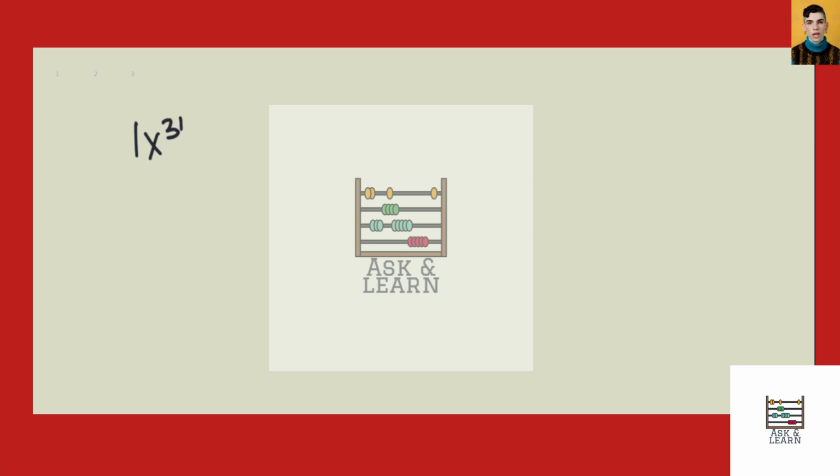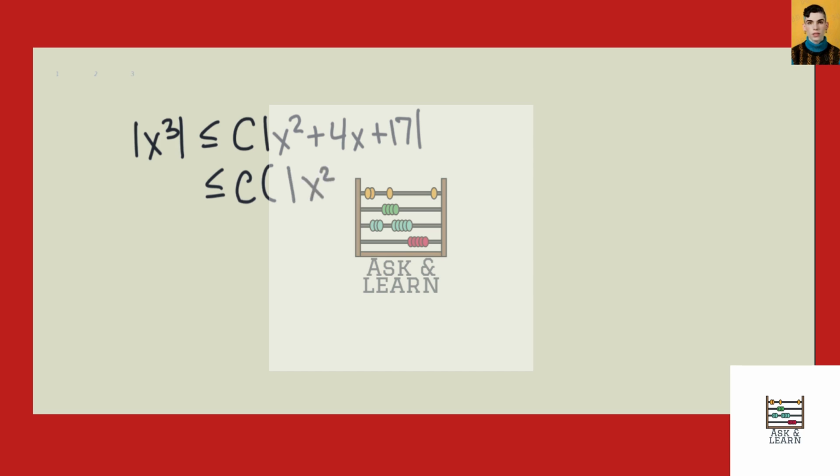So if we have x cubed less than or equal to c times x squared plus 4x plus 17, we'll get that this is less than or equal to c times the absolute value of x squared plus the absolute value of 4x plus the absolute value of 17.